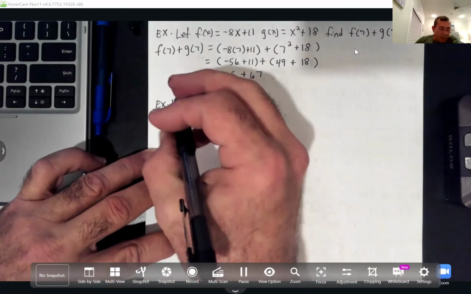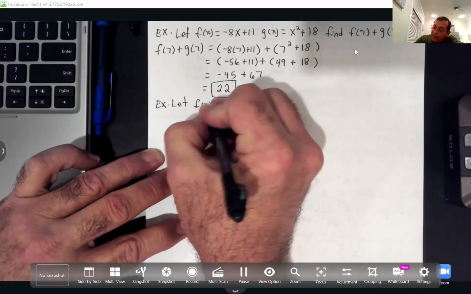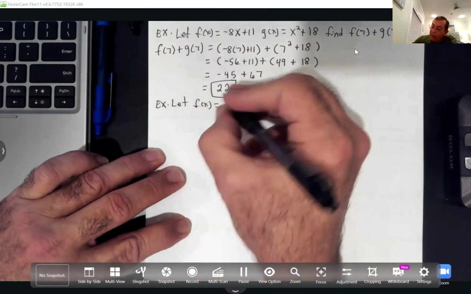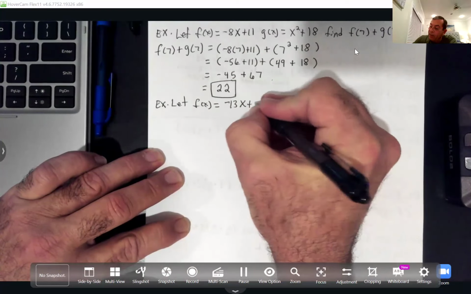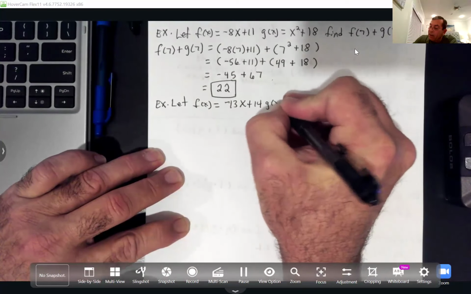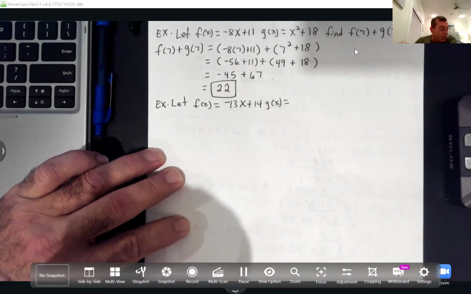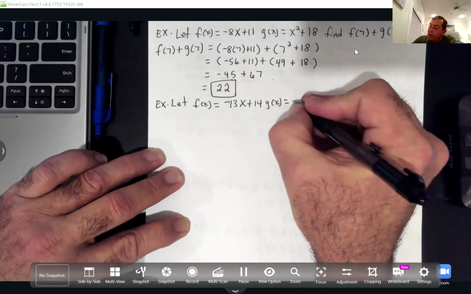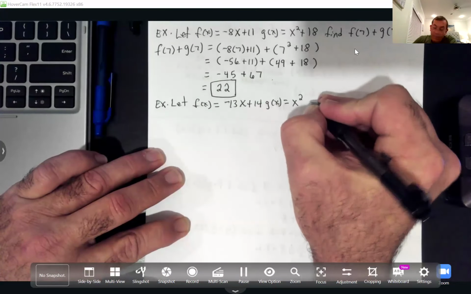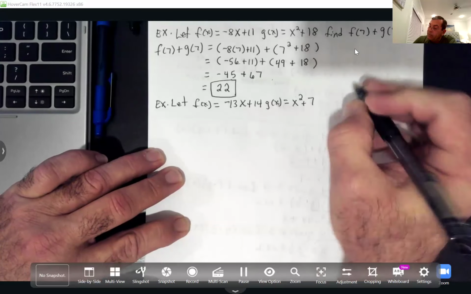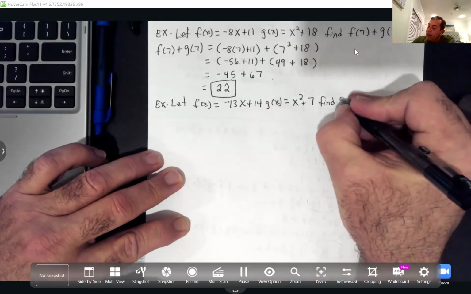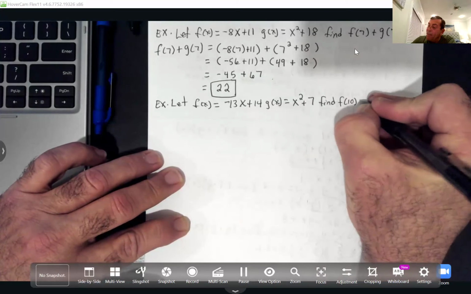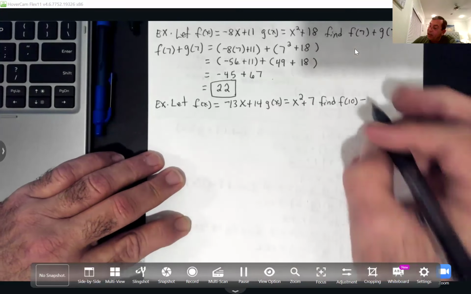All right, y'all, so this one, I'm going to let F of X equal -13x plus 14. G of X will equal x squared plus 7. They want us to find F of 10 minus G of 10.